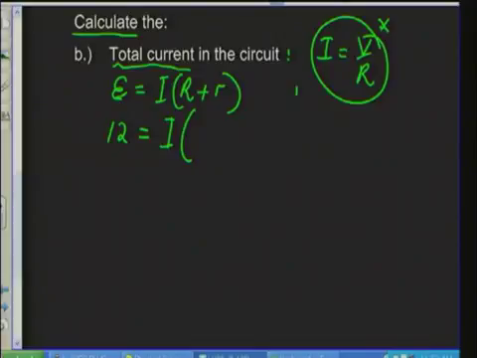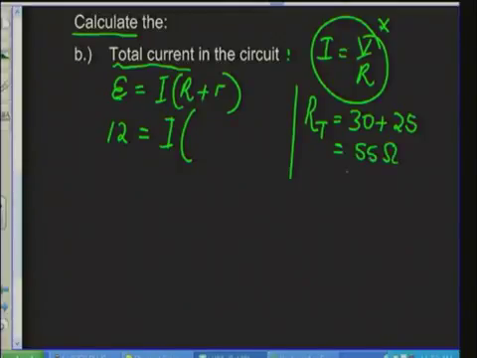You can quickly get your R basically, because your R total externally should be equal to what? Your equivalent for parallel plus the one in series. So what do you get there? You're getting that as 55 ohms. So you would then put the 55 ohms here plus small r for internal resistance.